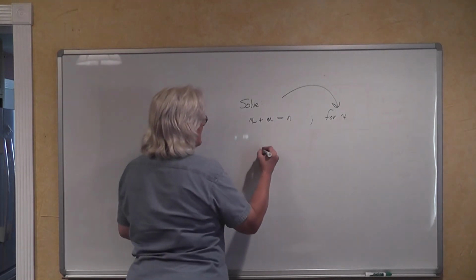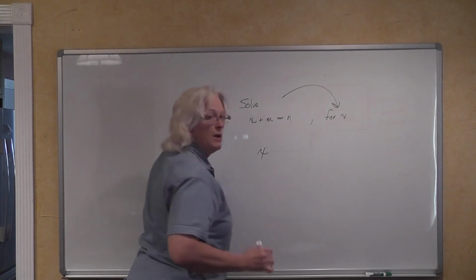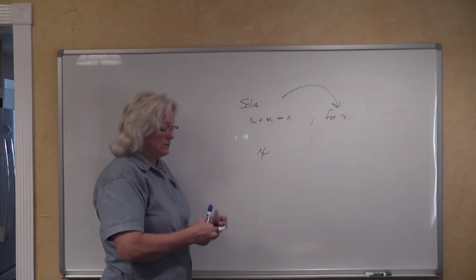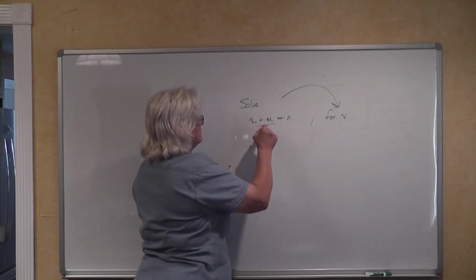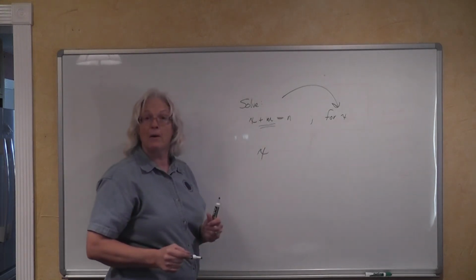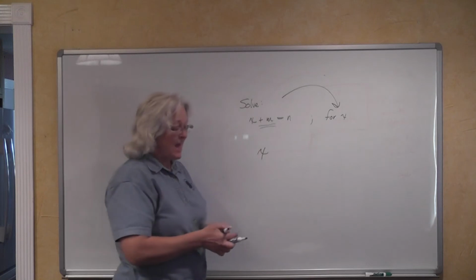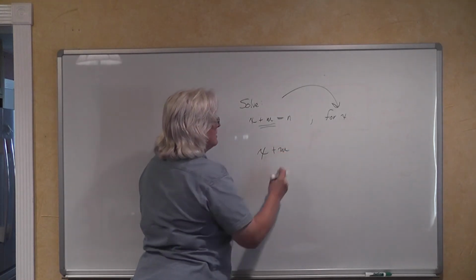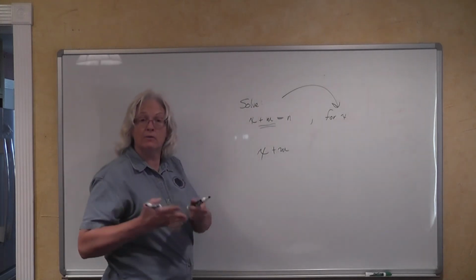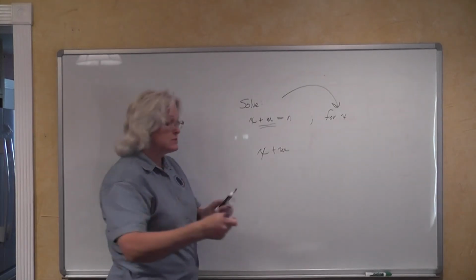So we want to have x all by itself, which means that we need to look at x in our original equation and see what's happened to it. What happened to it? They added m. So we're going to apply the inverse of addition, which is subtraction.